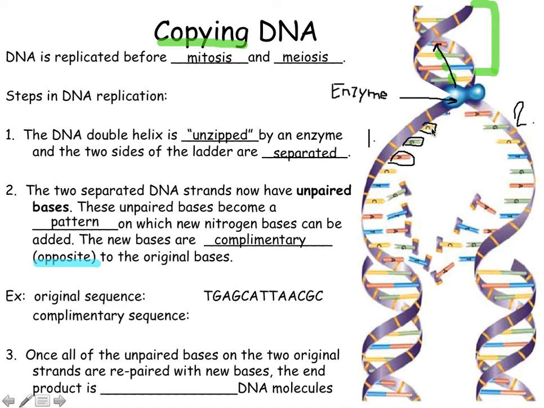Here, again, we can see our unpaired bases, but what will happen is if we have an unpaired cytosine here, then other free nitrogen bases that are floating around in the cell, like for instance this guanine here that maybe is just floating around the nucleus, can find that cytosine and attach to it.